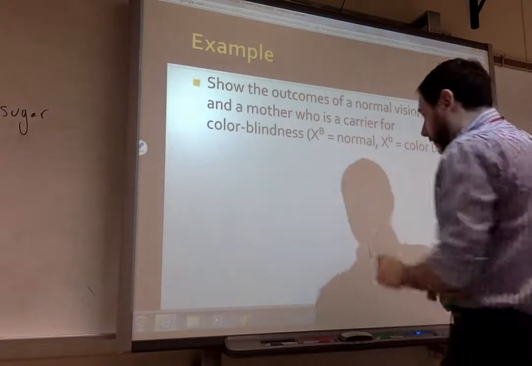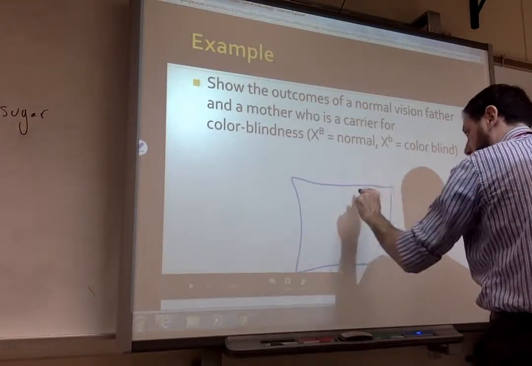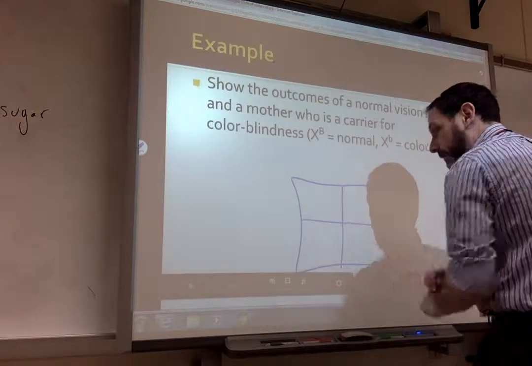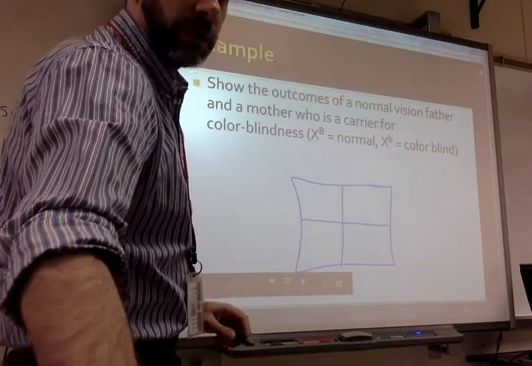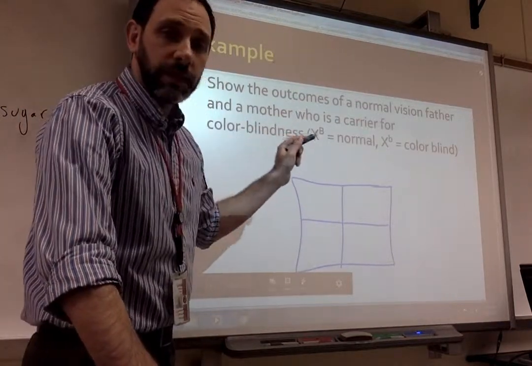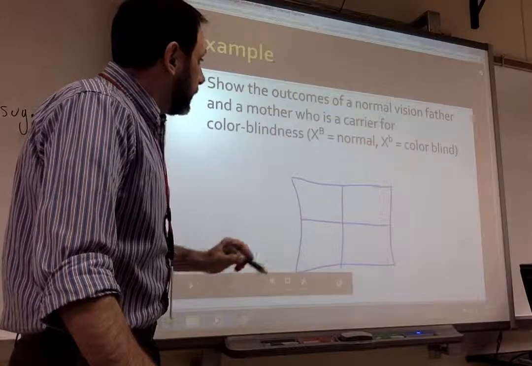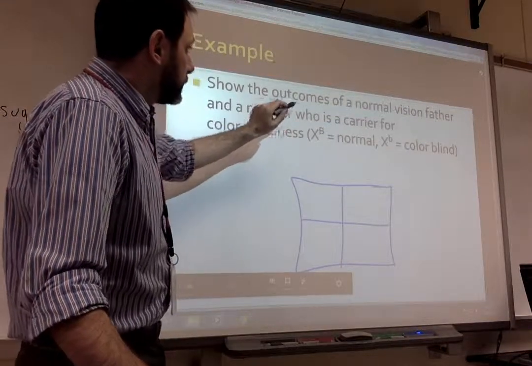So again, we're going to make our Punnett square, a simple 2x2 grid, but now we need to fill in the parents, and this is where students seem to struggle the most, because they need to correctly put the parents in.